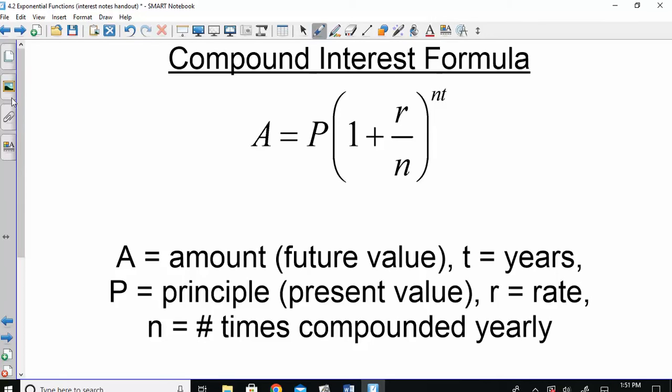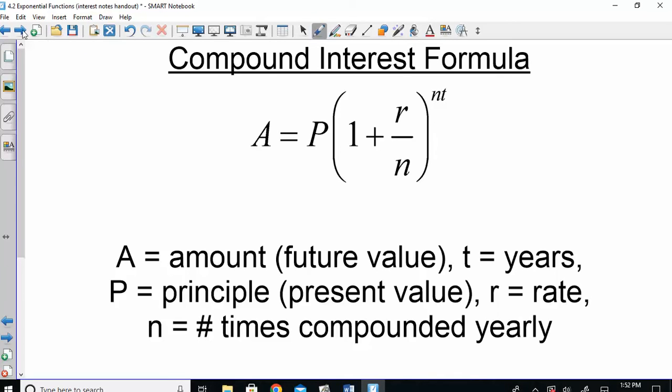The second one: the more often you compound, the faster your amount is going to grow. If I'm only compounding twice a year, then that's not going to make it grow as much as if I'm doing it every day. But then I could even extend that and say, what if I wanted to compound every hour, or every minute, or every second, or every half a second?